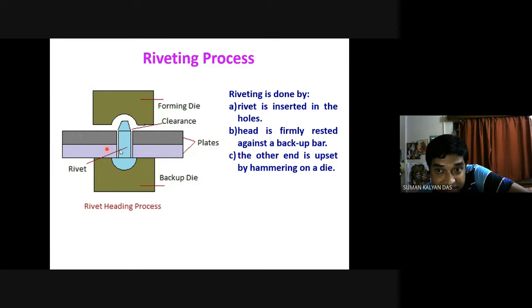Suppose you imagine that only a single plate is there and you follow the same process. Obviously the length of the rivet should not be this much. It should be of a lesser height, this shank portion. Suppose this top plate is not there and you just hit this and deform it. Then the entire part where the hole is gets covered.